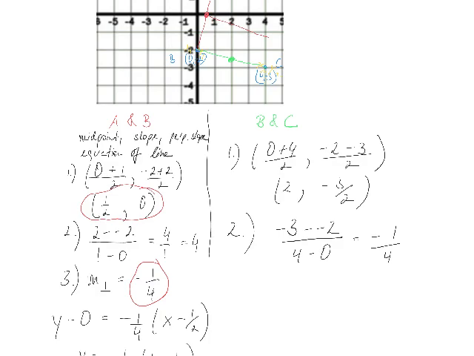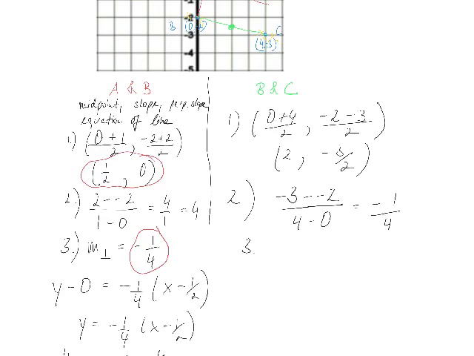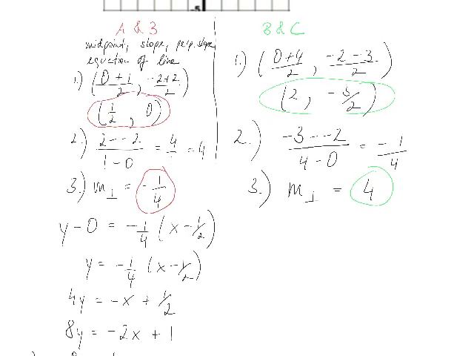So that is the slope, and as we can see, yeah, that's true, we go 4 over and 1 down. The perpendicular slope is, we flip and we change the sign, so that gives us 4. So we'll now take this midpoint and this slope to find the equation of the line.